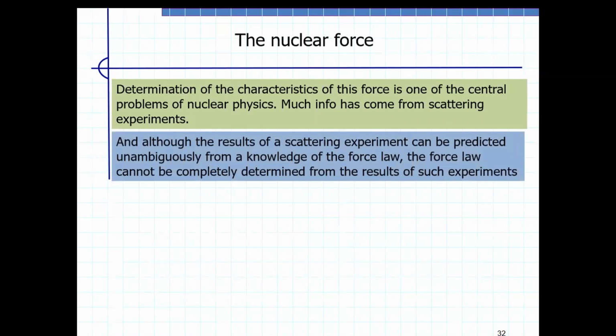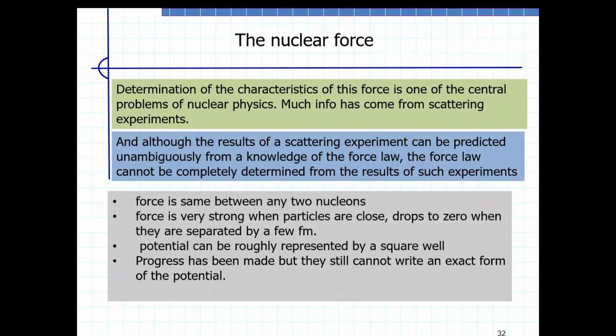So determination of the properties or the characteristics of this force is one of the central problems. Much information has come through the scattering experiments, although these scattering experiments can predict certain force laws. The force laws cannot be completely determined from only these experiments.